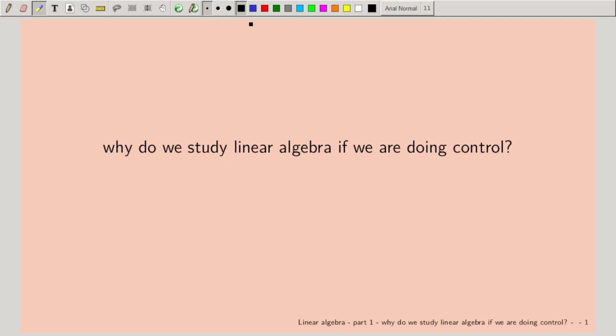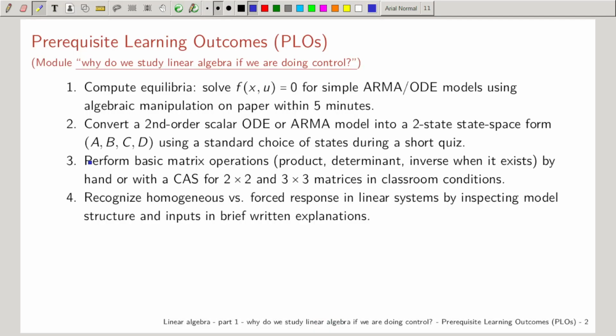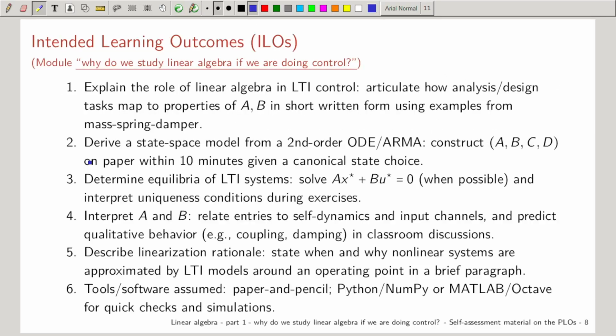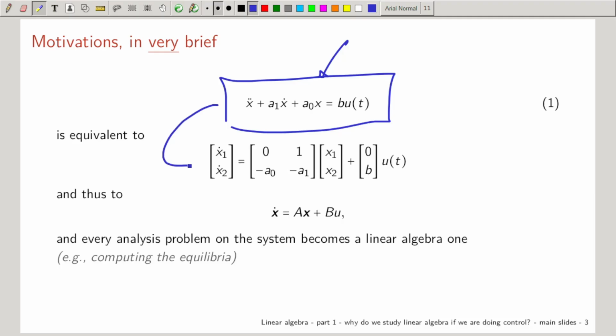Okay? And indeed, why do we study linear algebra if we are doing control? Very, very, very easy. If I have this object here, that is a spring mass system, RCL circuit, whatever you want. So ARMA, simple system. We are going to see very soon how we are going to be able to rewrite everything in terms of a state space representation.